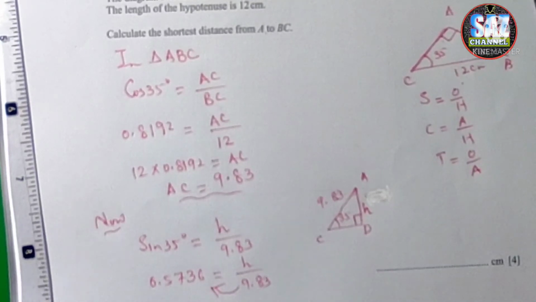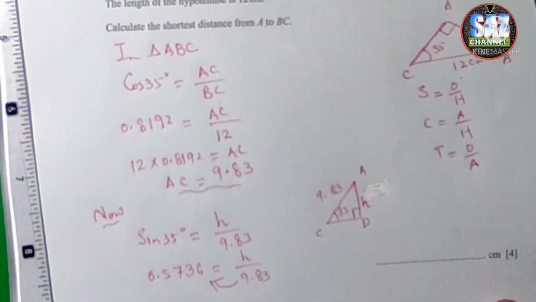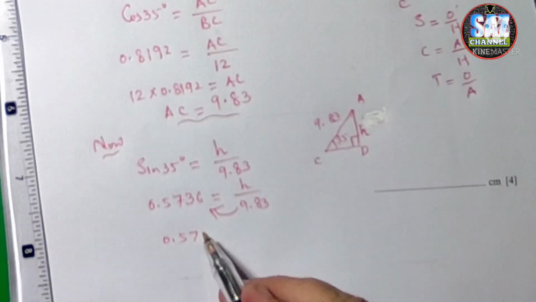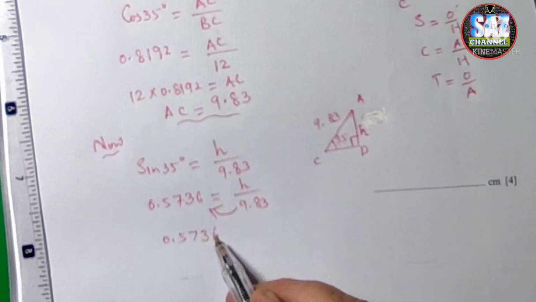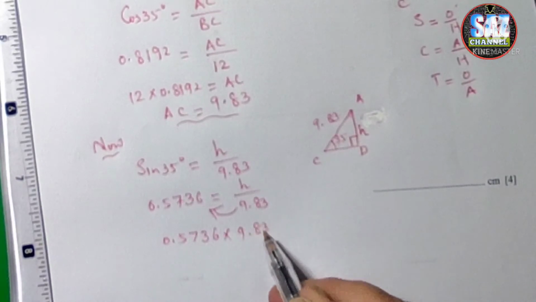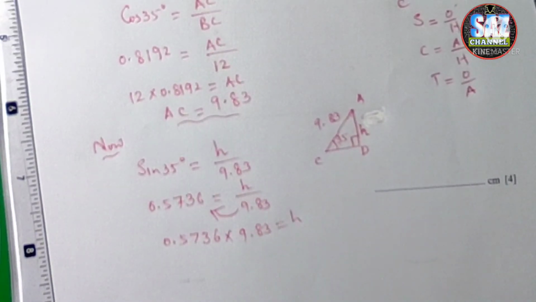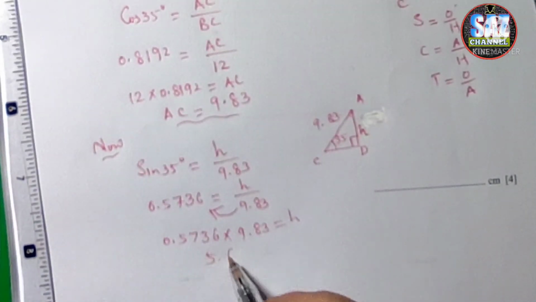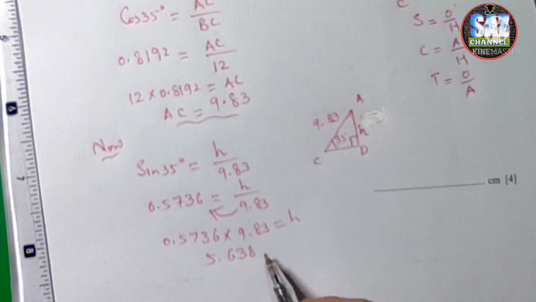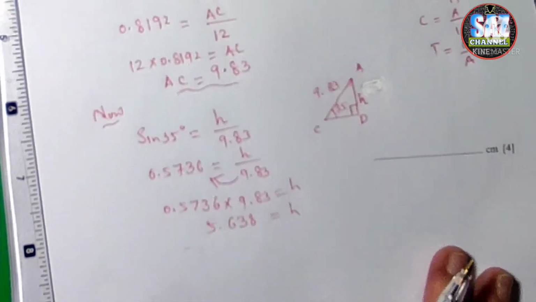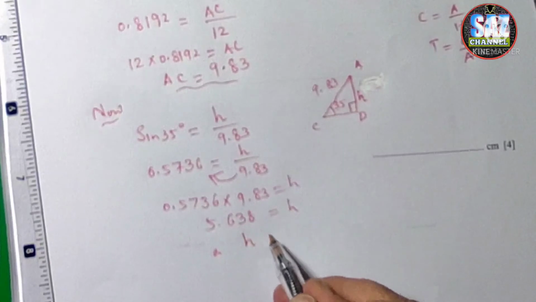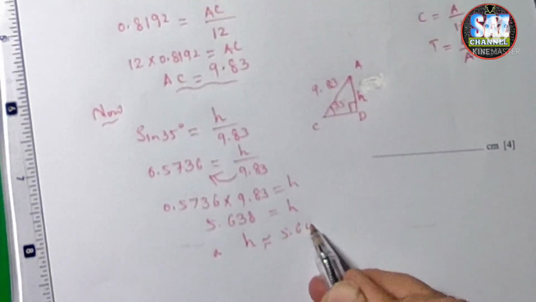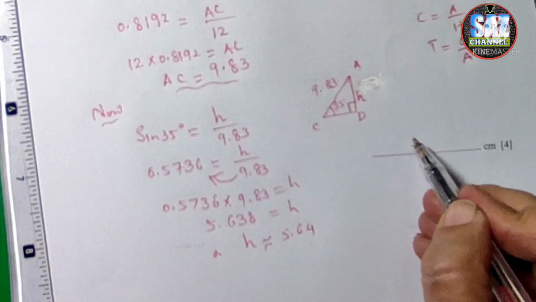Shift 9.83 to the other side. 0.5736 multiplied by 9.83 equals H. 0.5736 multiplied by 9.83 is 5.638, so H equals 5.64 centimeter, which is the shortest distance.